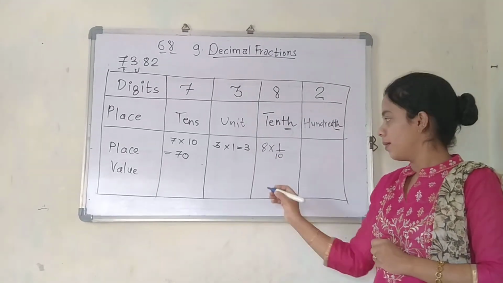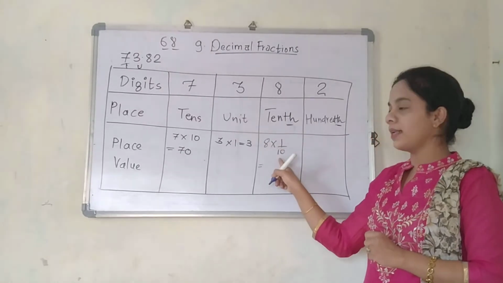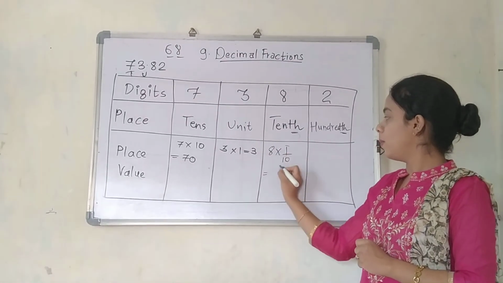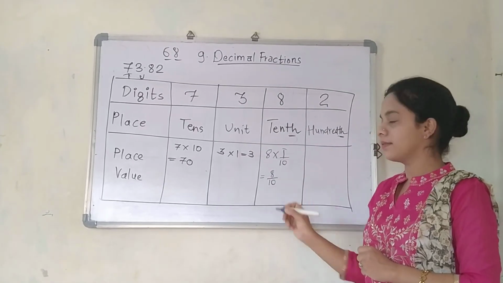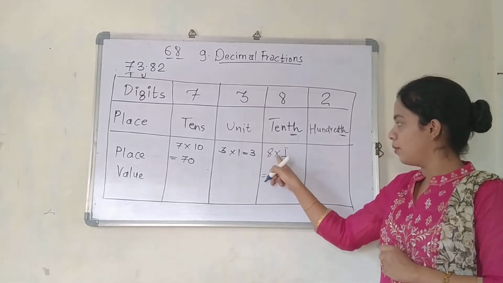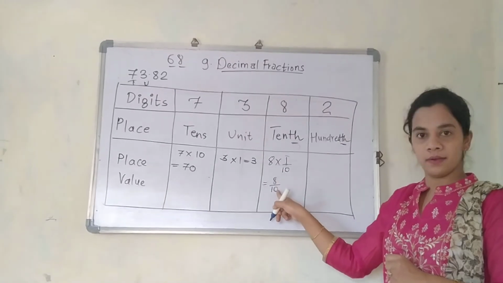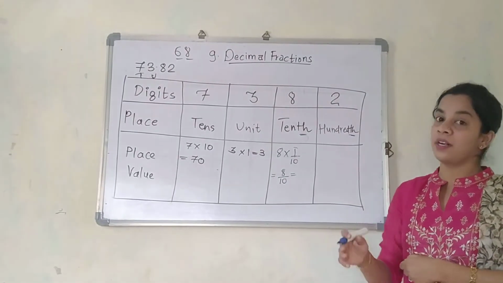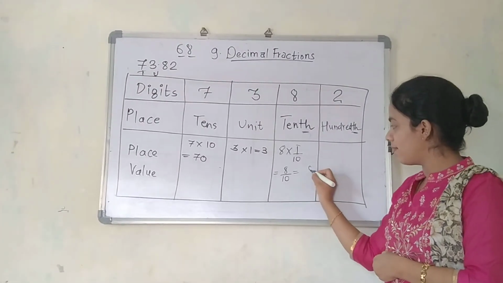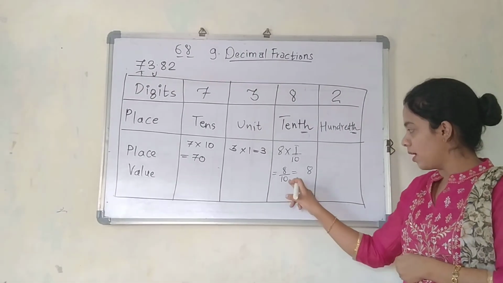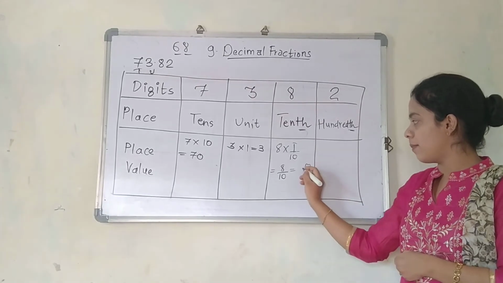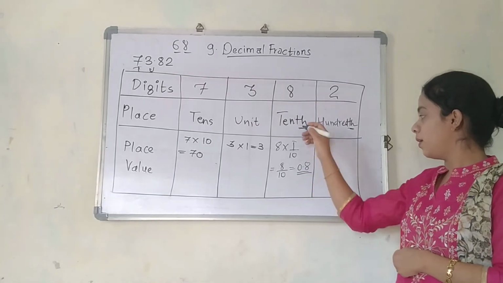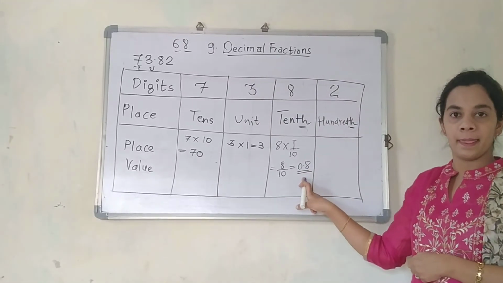Basically 1/10 means 8 into 1 is 8 upon 10. How am I going to write this? Because we have only just seen converting a decimal fraction into a decimal number. Numerator I will write as it is, 1 0. So one number I will leave, I am going to give 0 over here. So my place value of 8 over here is 0.8.